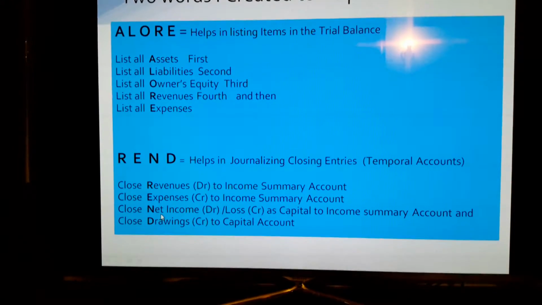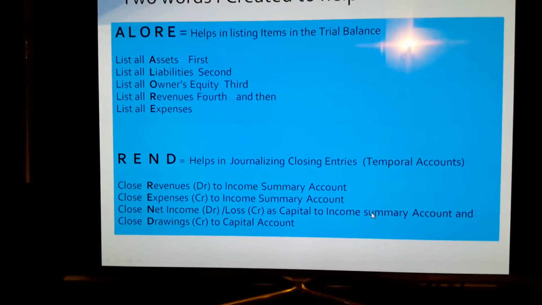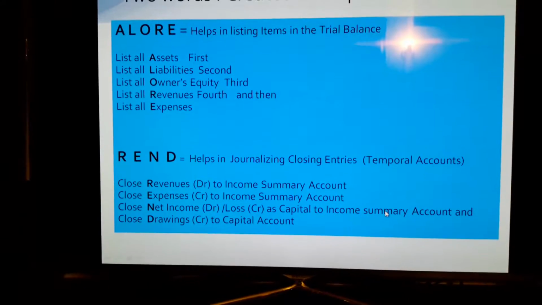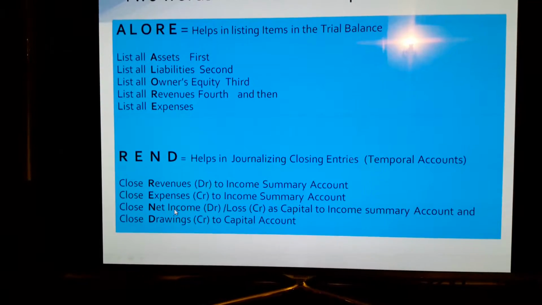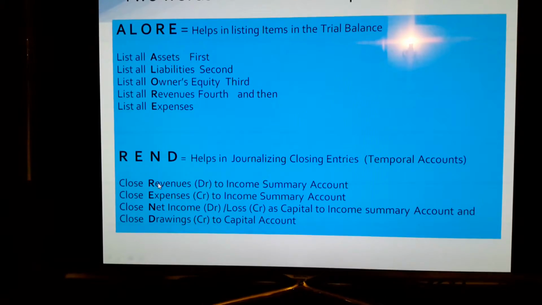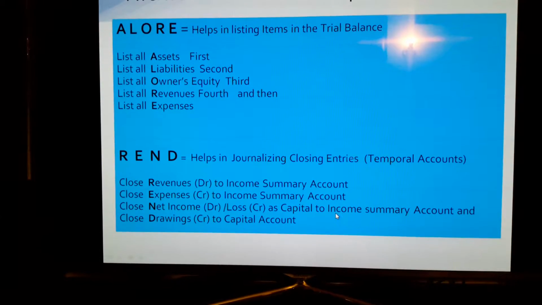Then you close net income. This is normally the income summary, but if I just say income summary, you're going to have doubts about where you are getting this figure. So I have to use net income so that you understand that when you subtract this figure from here, what you get is net income, which we call the income summary when you close these books.